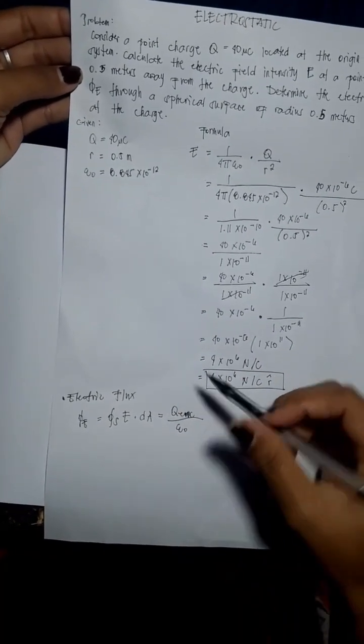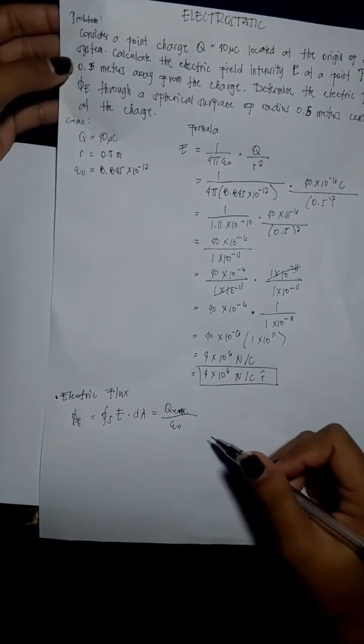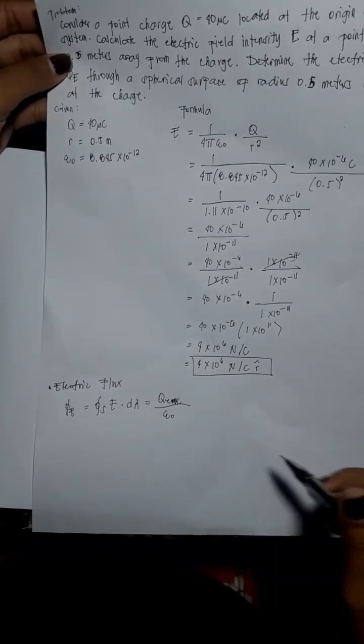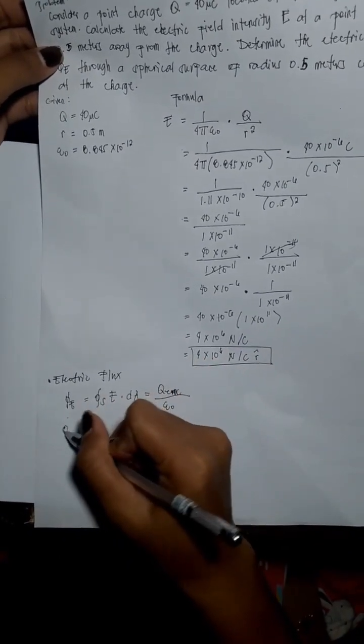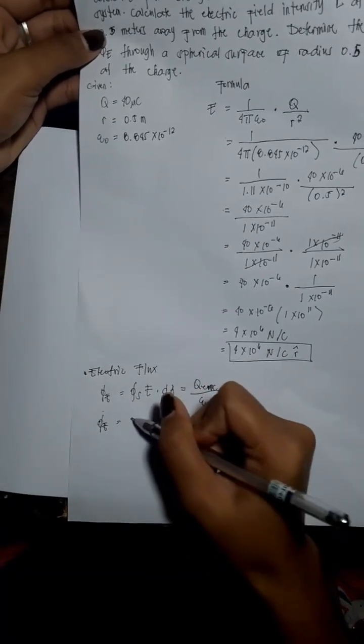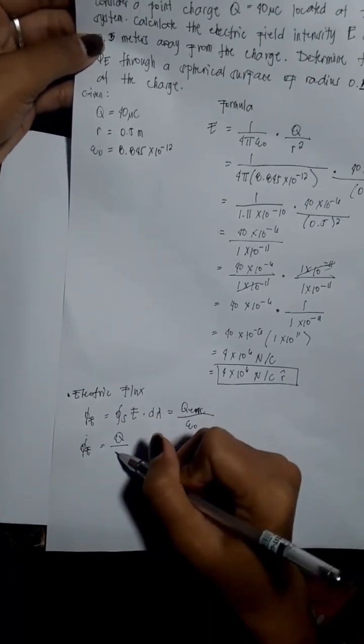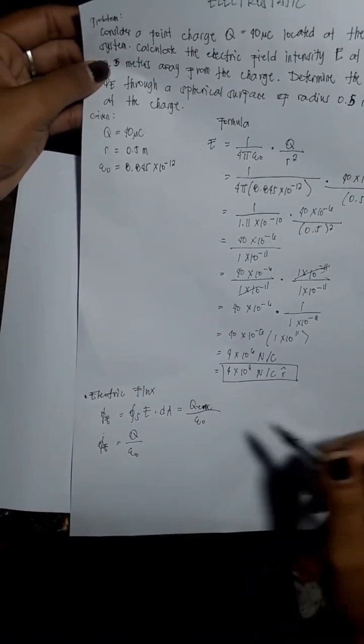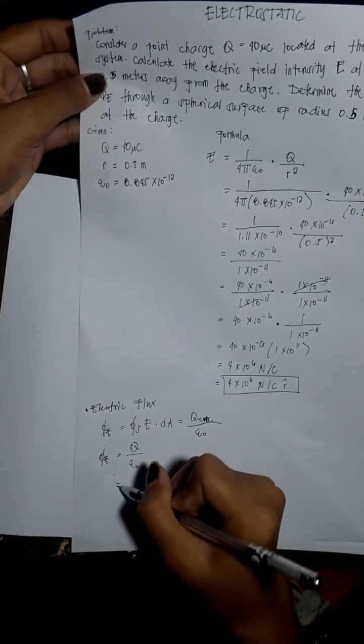Note that the enclosed charge is just equal to the charge. So, using the formula, charge over epsilon 0, let's substitute.